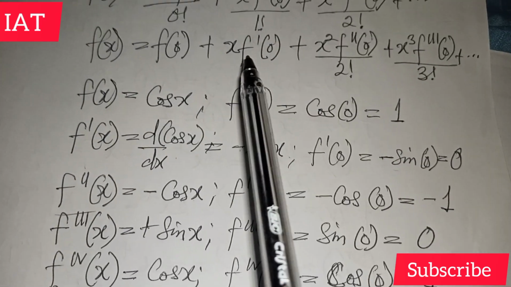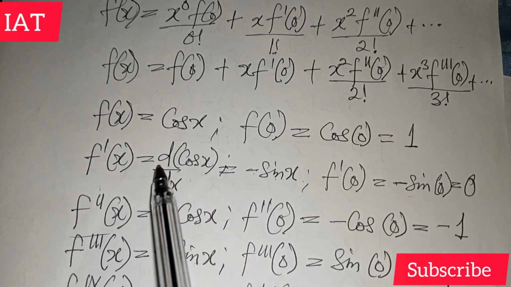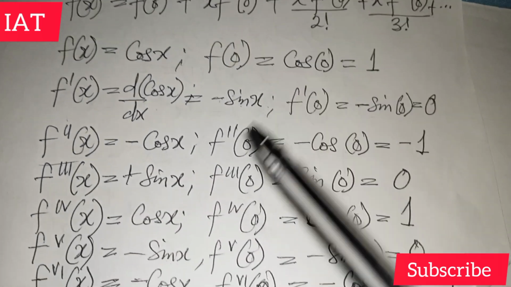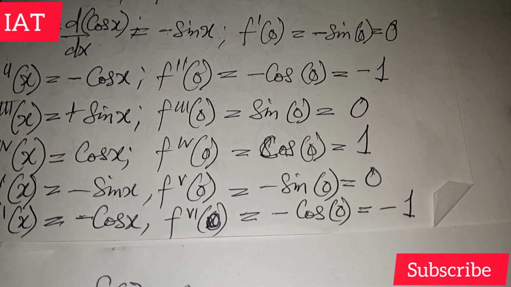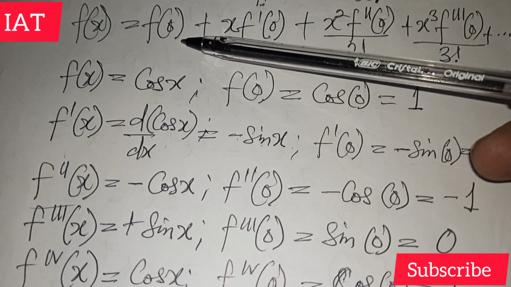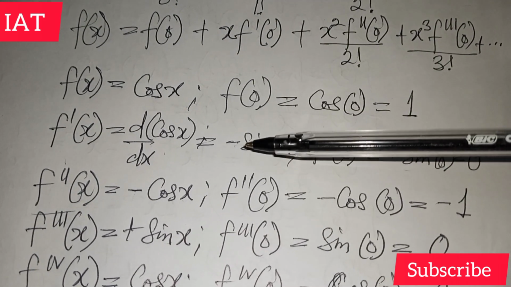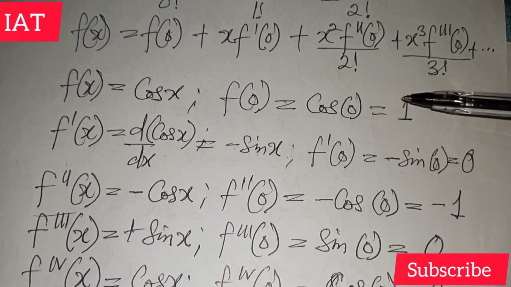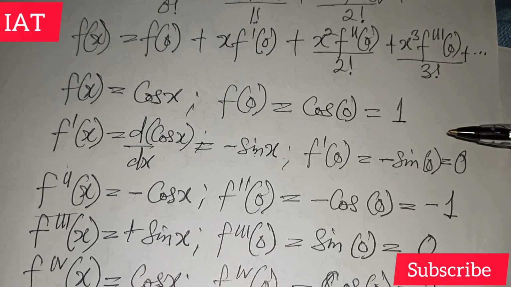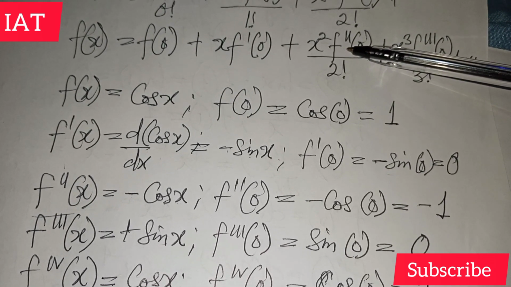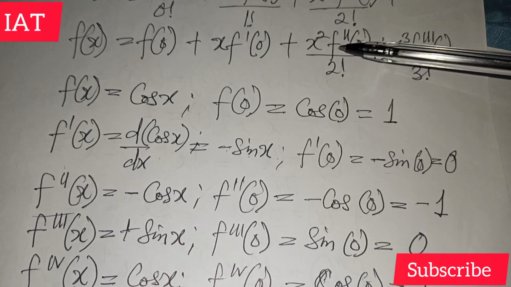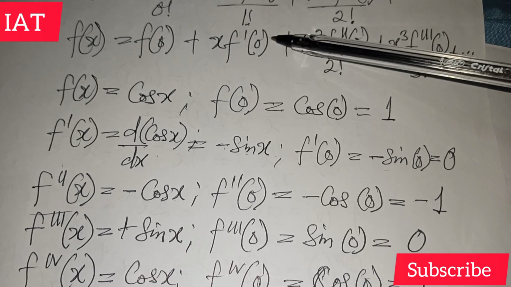Of course, you know that in the formula we have the expanded form of f of x. We have, let's bring it down, the f of 0. F of 0, we had the value to be 1 here, and we have also the first derivative to be 0. We have the second derivative to be minus 1. So these are the values, we just need to plot them into here.